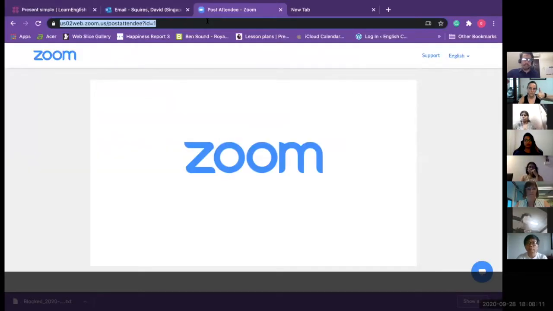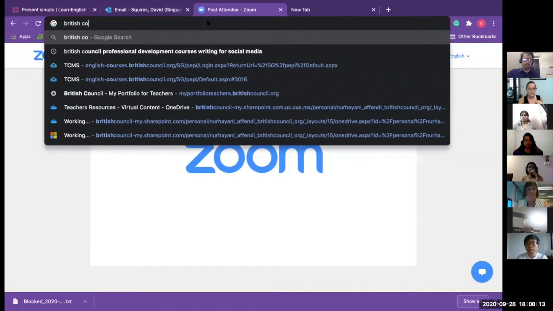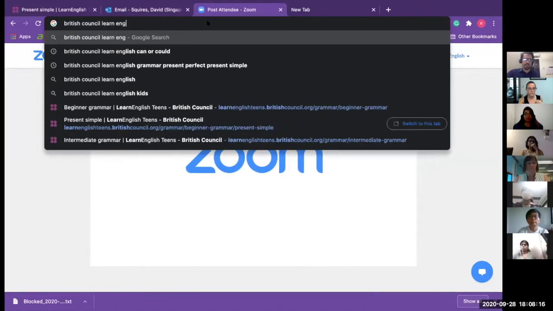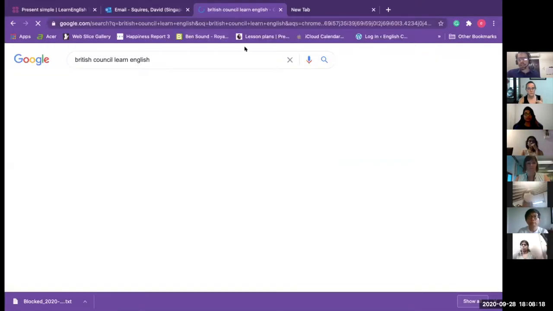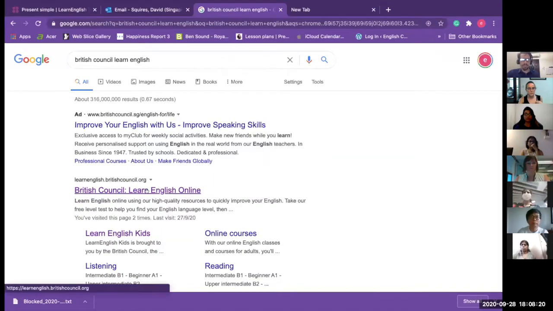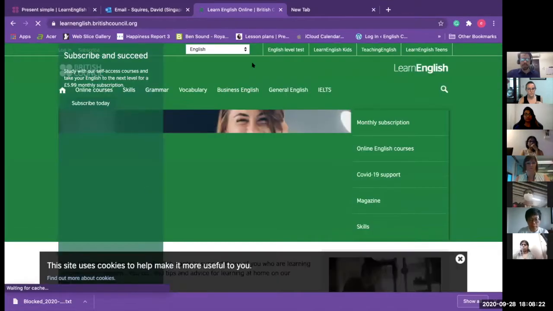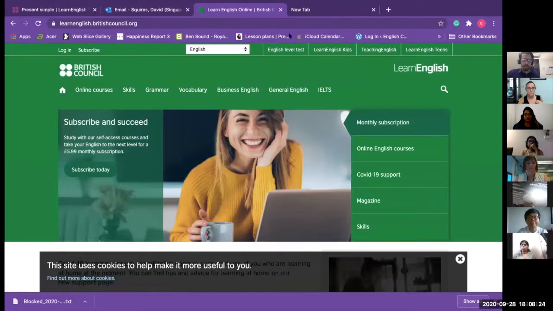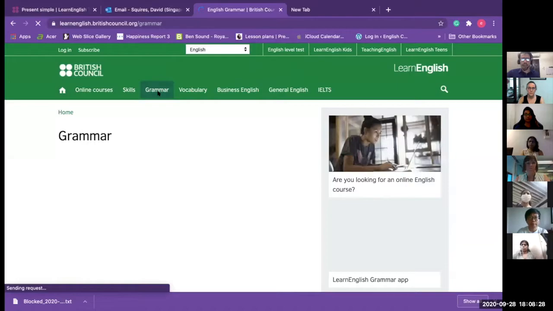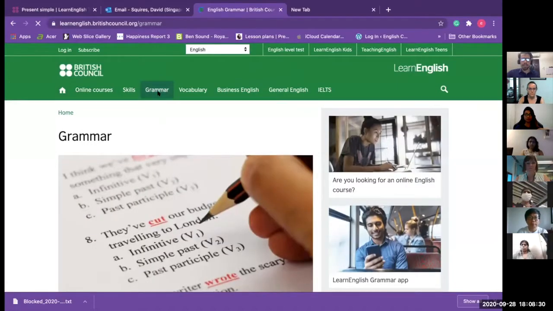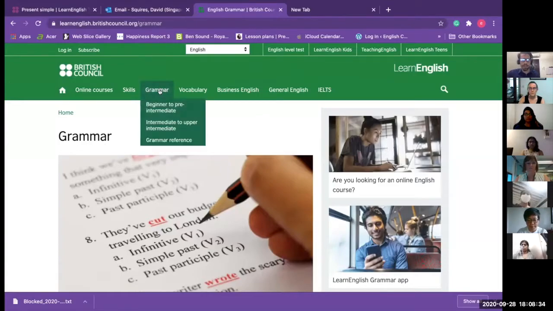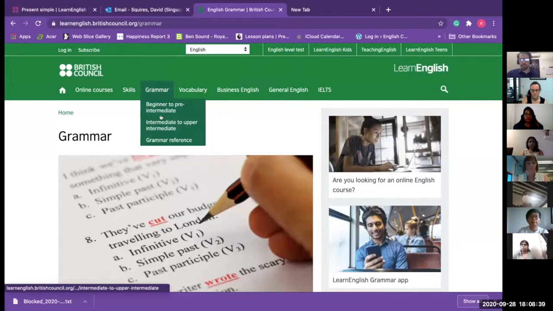I would search for British Council Learn English, and this is for teaching grammar. There's a grammar section, and it's split up into different levels. You can choose any of those depending on your students.